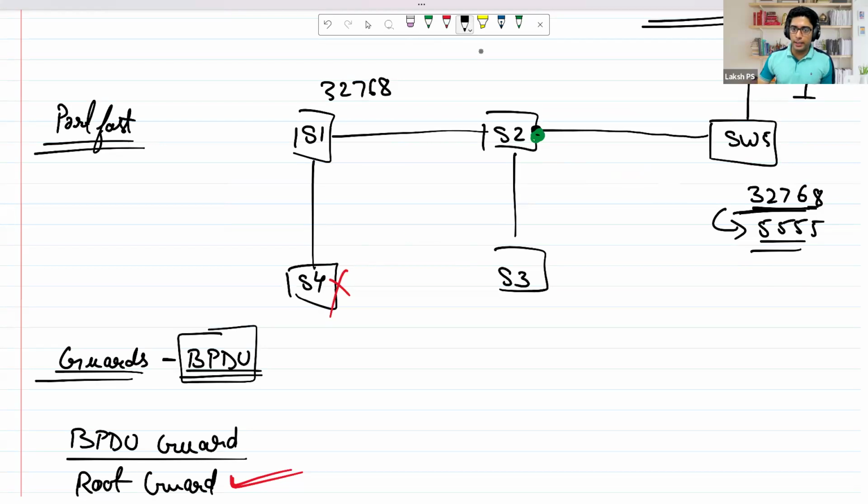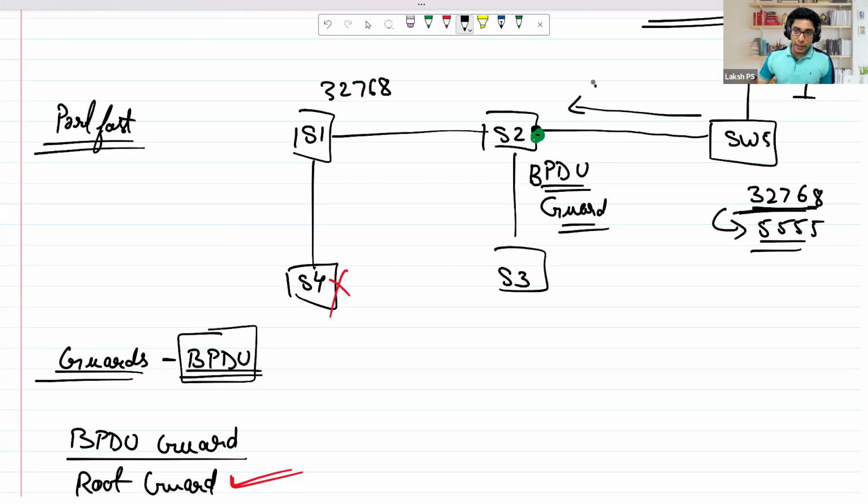In such a scenario, it is better to enable BPDU guard. Now, root guard checks only lower priority and lower MAC address, whereas BPDU guard does not care if the priority is low, if the priority is high, if the MAC address is low, if the MAC address is high. It does not care about it.